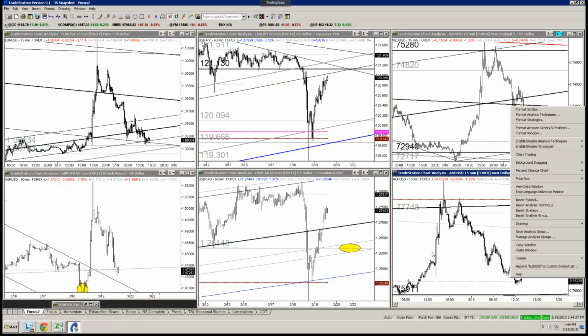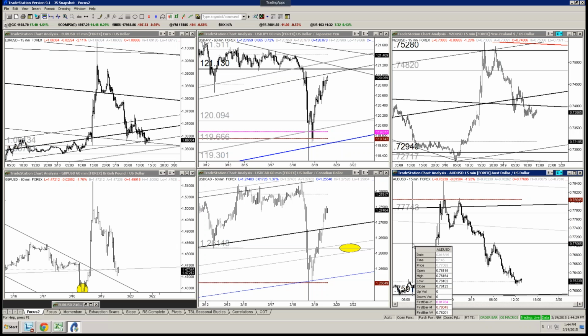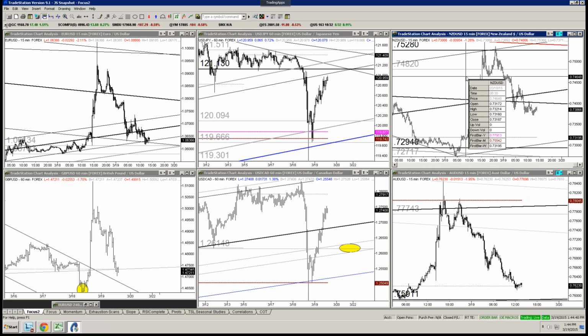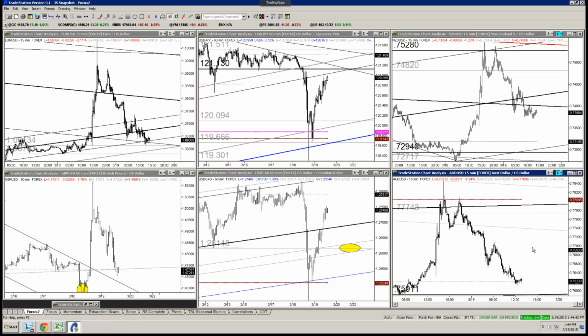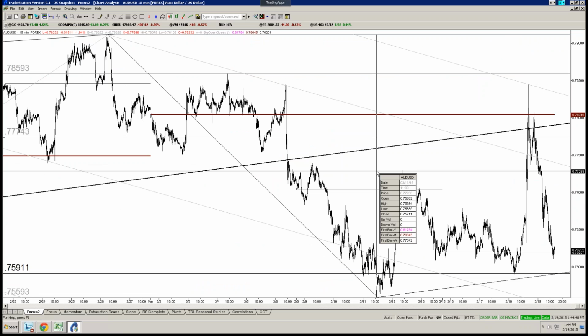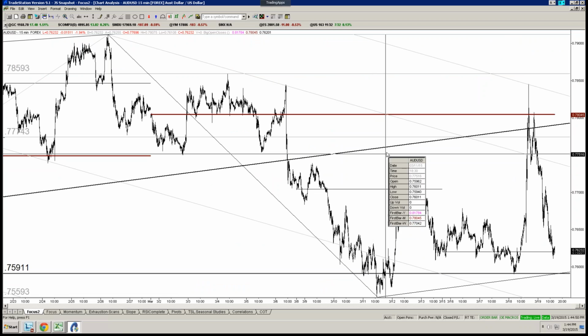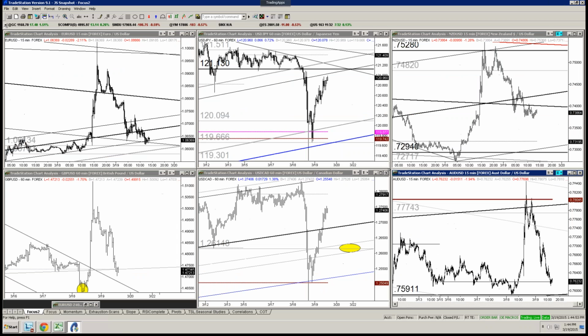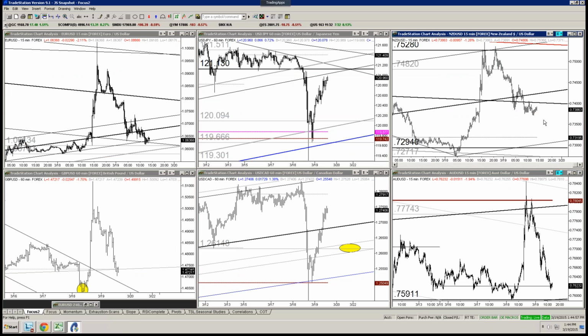Now, in these markets, a bounce could be like 100 pips, okay? So understand that. Kiwi resistance probably up near 74.60, 74.80. Aussie resistance probably upwards of 77.30 to 77.50. So the view on those is kind of similar.